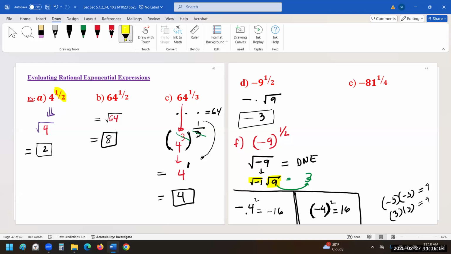But this thing doesn't exist because we have no idea what is the same number multiplied twice turn into negative 1. Not possible. So mathematicians say, well, if it's not possible, then this is something that is imaginary. So we write i instead of square root of -1. So the answer here, in real life, it doesn't exist, but in the imaginary life, it's 3i.